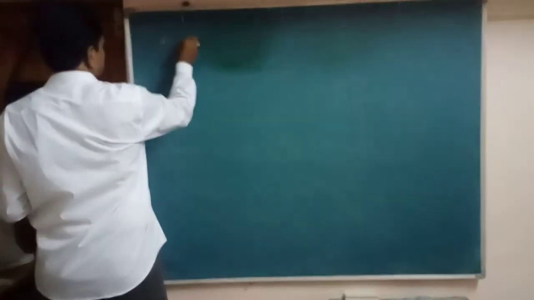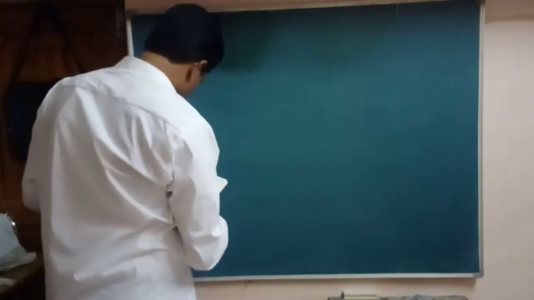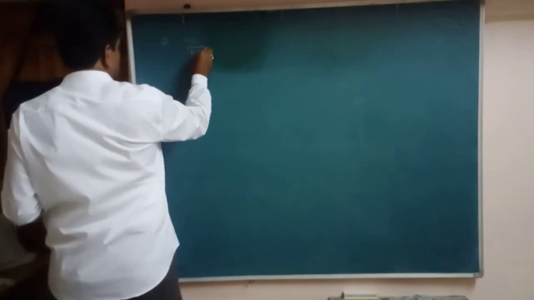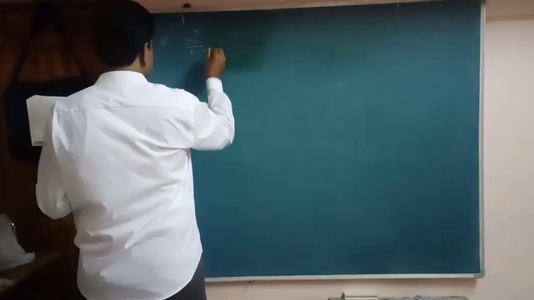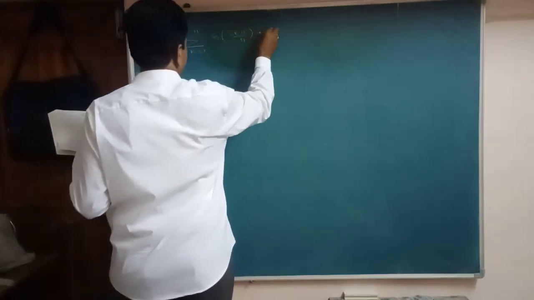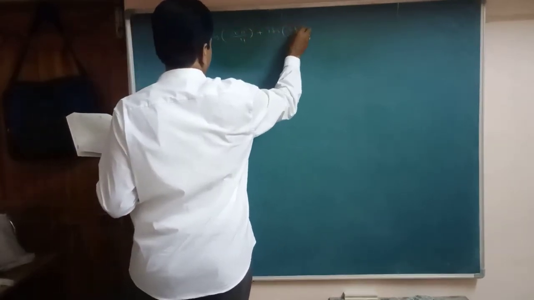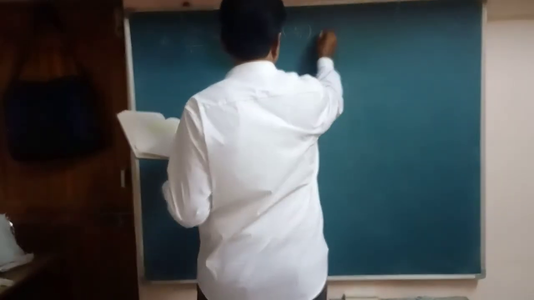Next one. For example here, k equal to 1 to 11. Here cos 2k pi by 11 plus I sin 2k pi by 11 equal to dash.